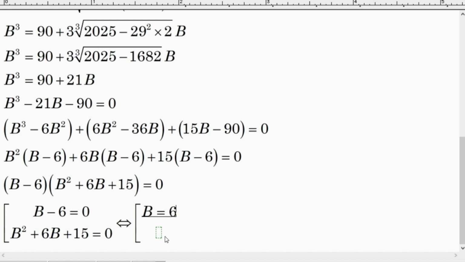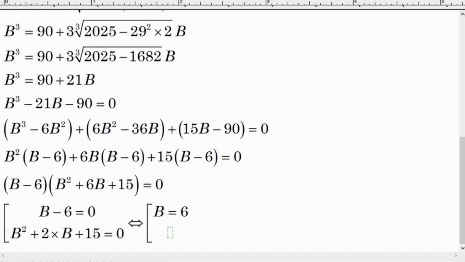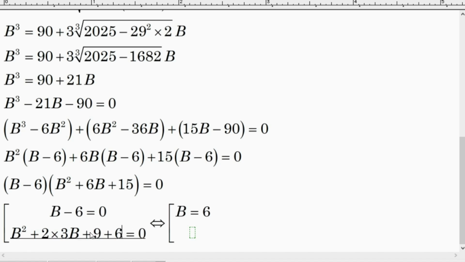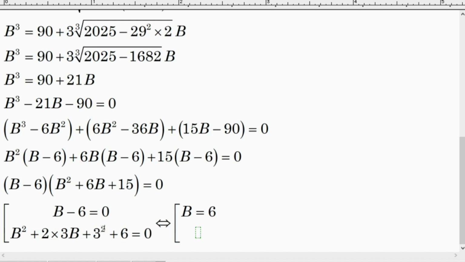And for this equation, we have b squared plus 6b, which can be written as 2 times 3b. And then 15 can be written as 9 plus 6, and 9 can be written as 3 squared. So for this part it is a perfect square.